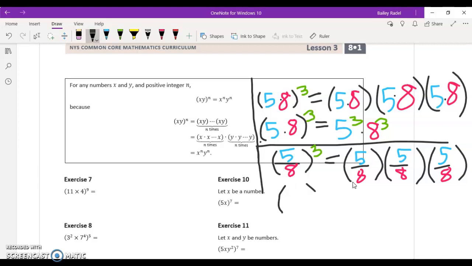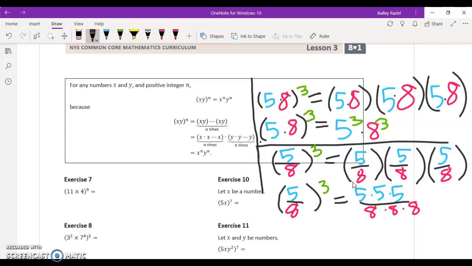So this 5 8s raised to the 3 is the same thing as writing 5 times 5 times 5 divided by 8 times 8 times 8.